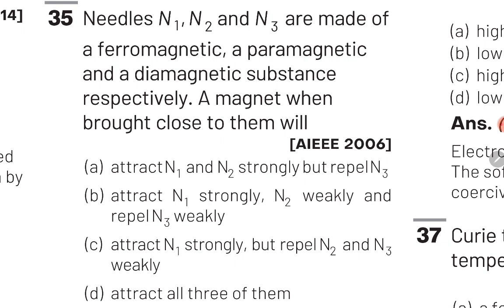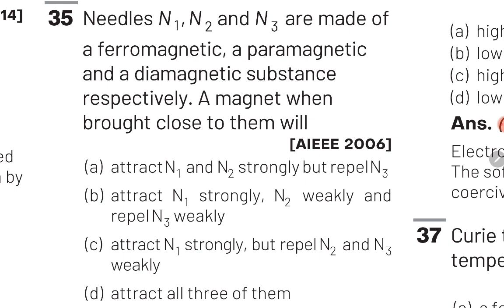Guys, the logic of this is very simple. In a ferromagnetic substance, entire domain of magnetic dipoles align themselves in the direction of magnetic field and therefore there is strong attraction. Guys, in a paramagnetic substance, individual magnetic dipoles align themselves in the direction of magnetic field and therefore there is weak attraction.